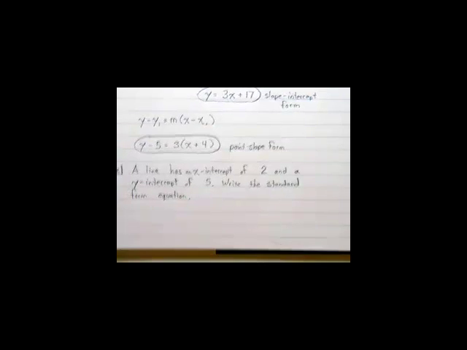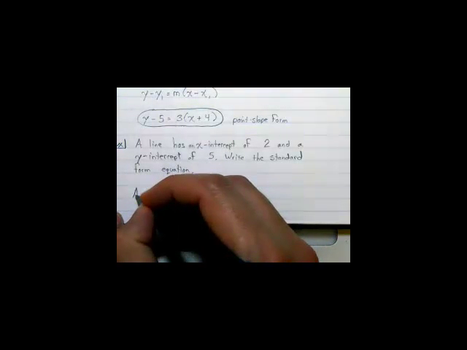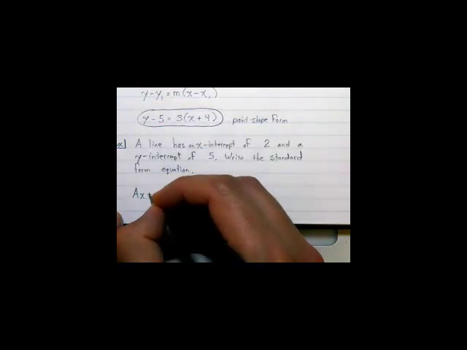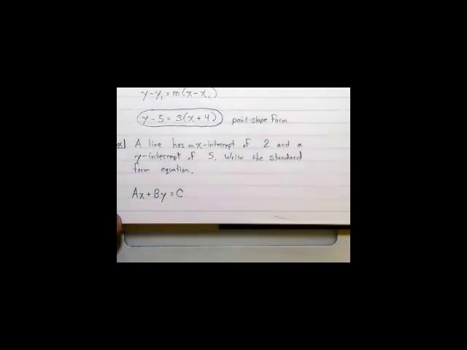All right, so standard form looks like this. Ax plus By equals C. And again, that should be one that looks familiar. Probably didn't use it a ton, but it has its uses, which we'll delve into some more a little bit later.